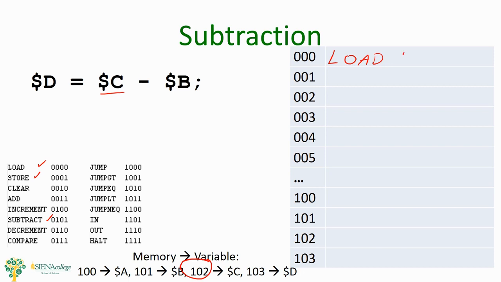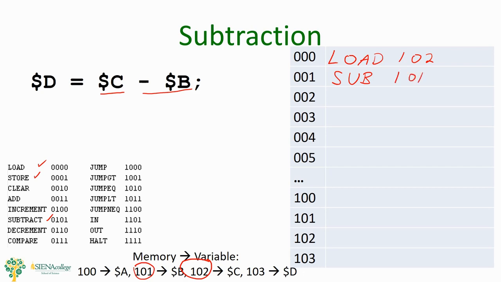Load 102. Next, we want to subtract B. So our assembly language will be subtract, and B is in 101. So subtract 101.